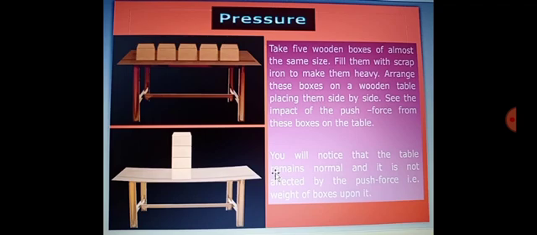You can see in the second picture, in a smaller area, the same weight is applied, whereas in the first picture, the same weight is applied in a larger area. So when the whole weight is applied in a smaller area, the pressure experienced by that area becomes higher. So that is why the table in the second picture bends.